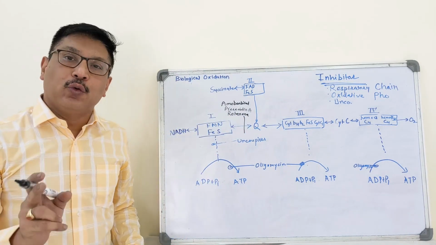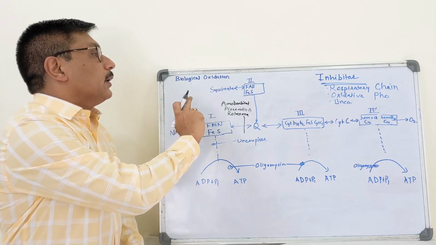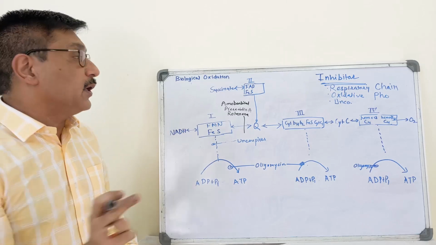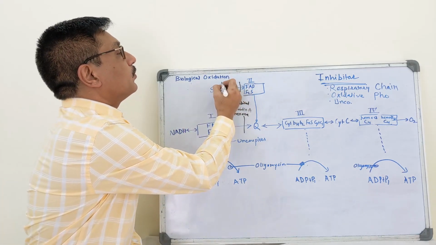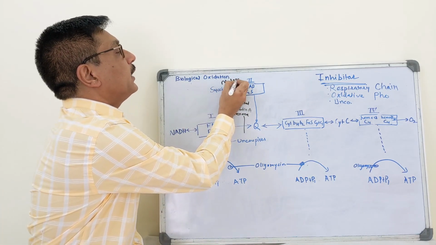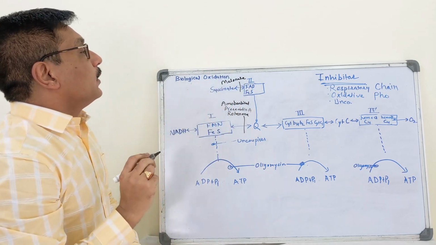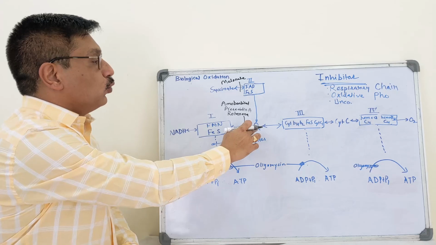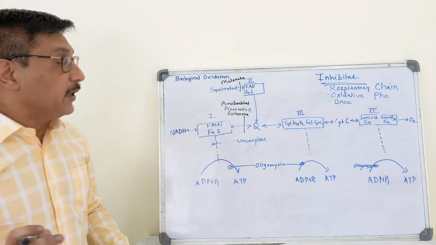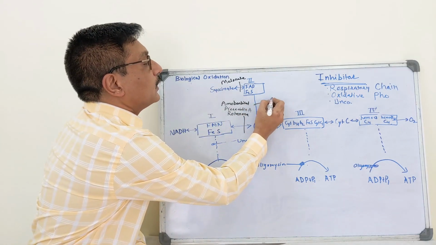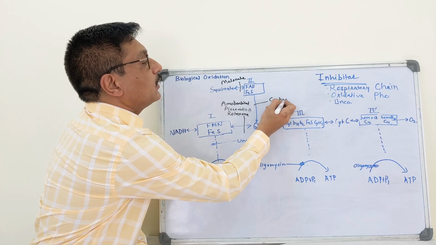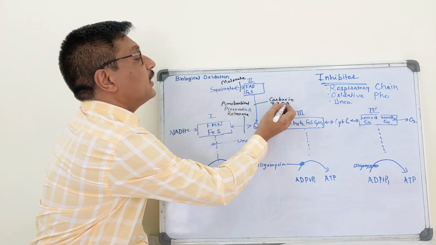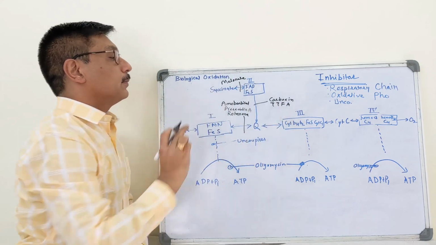In case of complex 2, malonate is a competitive inhibitor of succinate. The flow of electrons from complex 2 to coenzyme Q is inhibited by carboxin and TTFA, which is an iron chelating agent.